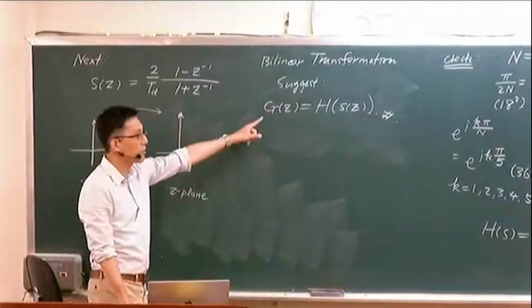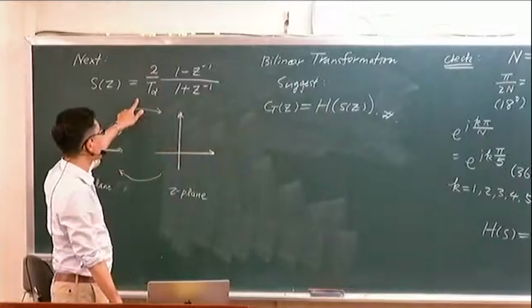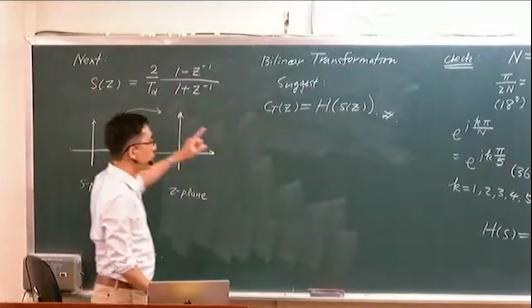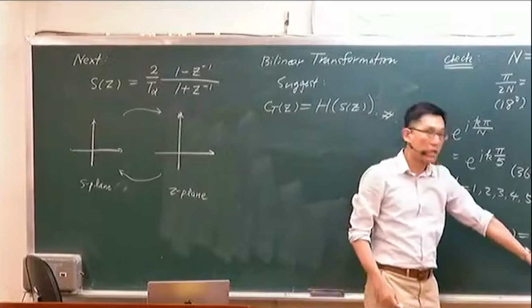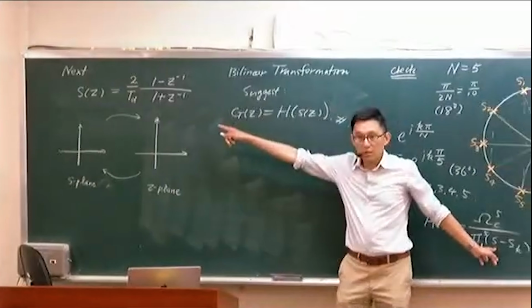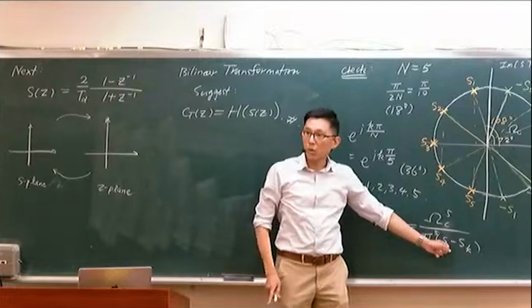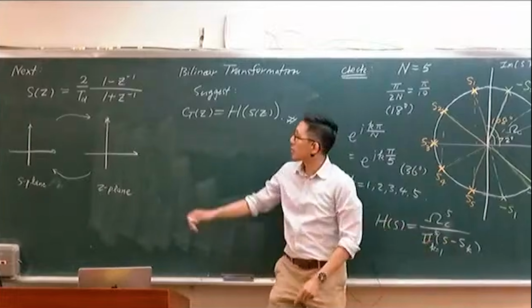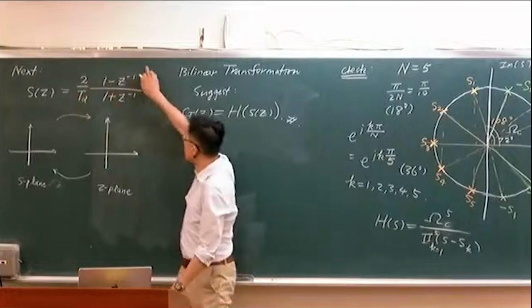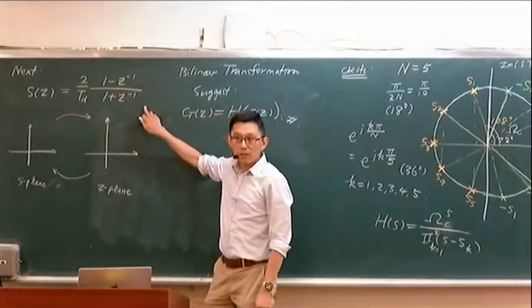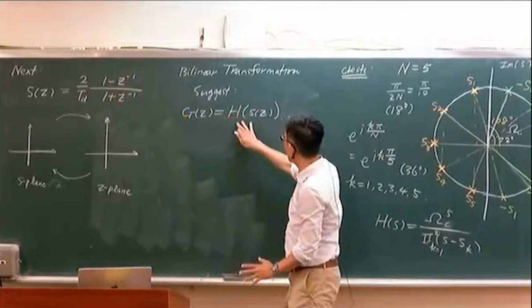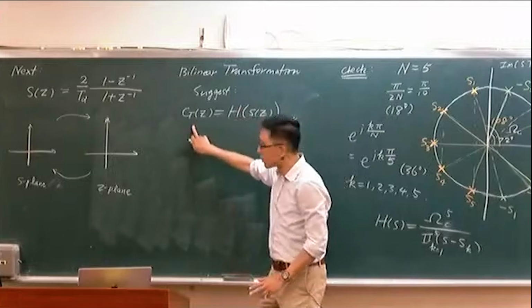Surprisingly simple. By using this transformation, wherever we see s, we plug in this expression. S repeatedly shows up right here, right? Wherever we see s, we just replace s with this function of z. Then the result of H of s of z becomes a function of z.